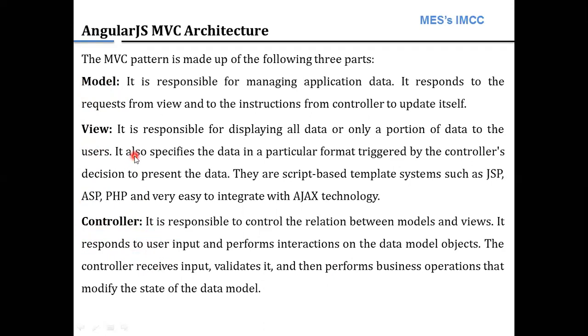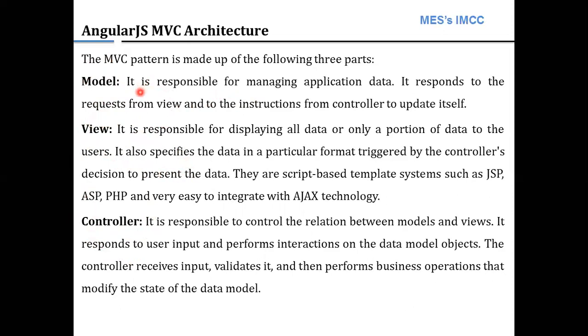One of the most important uses of MVC is that when you make any changes in the model, it will automatically get reflected in the view, or vice versa. Whatever data you change in the view will automatically get reflected in the model. So this is a very good advantage of MVC architecture.